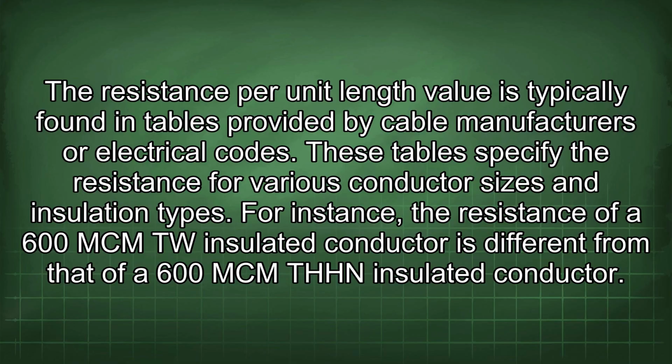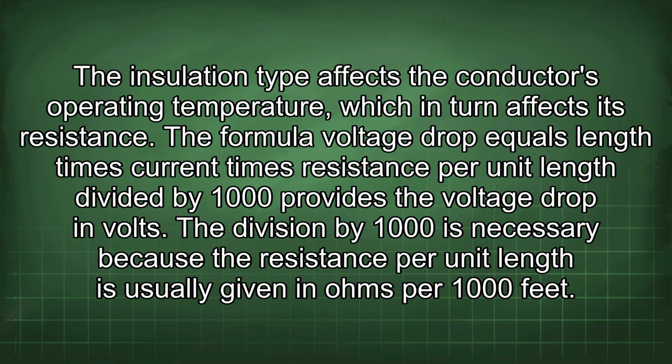These tables specify the resistance for various conductor sizes and insulation types. For instance, the resistance of a 600 cmTW insulated conductor is different from that of a 600 cmTHHN insulated conductor. The insulation type affects the conductor's operating temperature, which in turn affects its resistance.